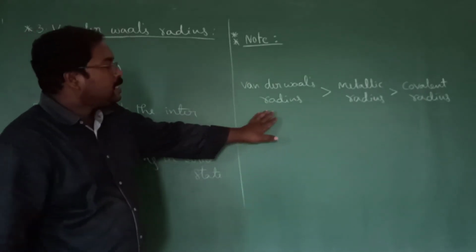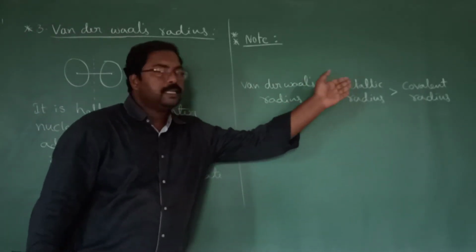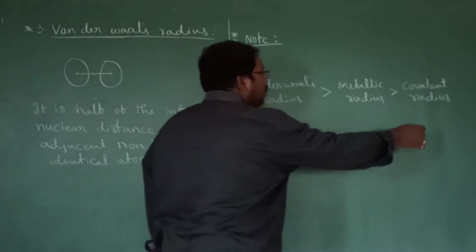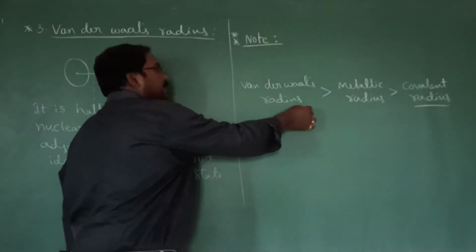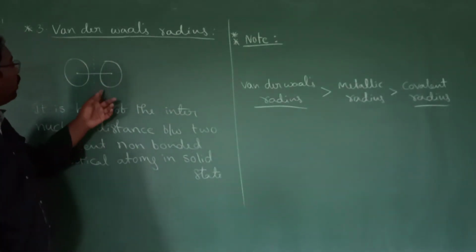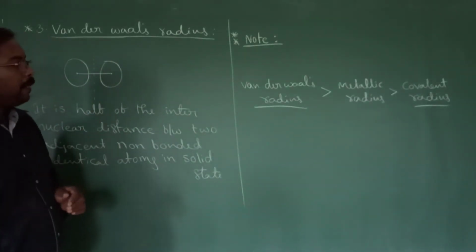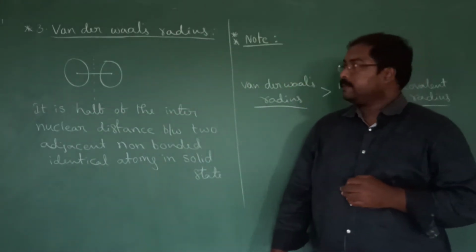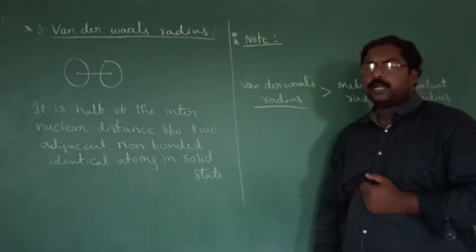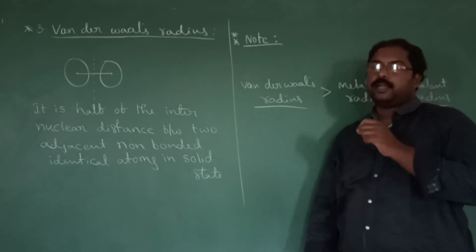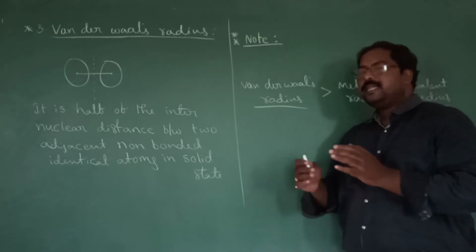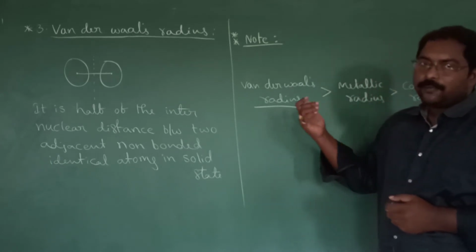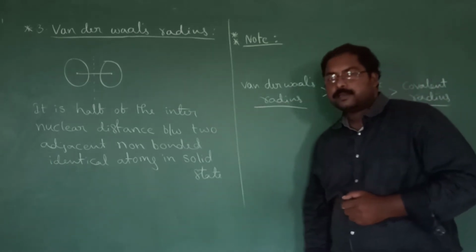Van der Waals radius is greater than metallic radius than covalent radius. Out of it, the lowest value is for covalent radius, the highest value is for van der Waals radius. So these are the main three types of atomic radius. Now coming to the fourth one, that is metallic ionic radius. That is different from these three. In what way it is different, let us discuss. So first copy this.